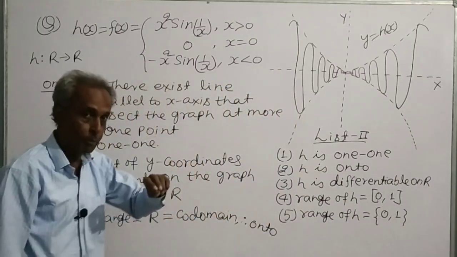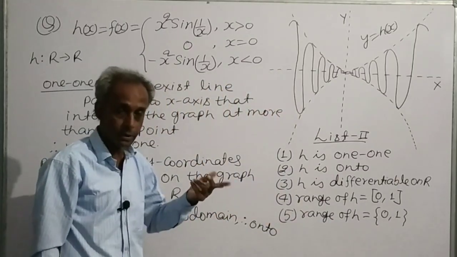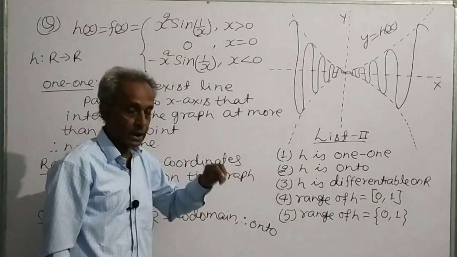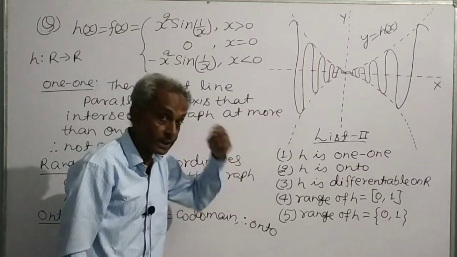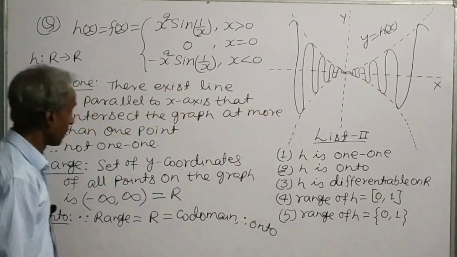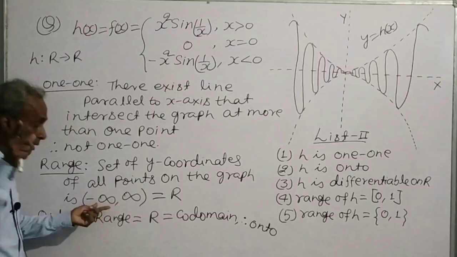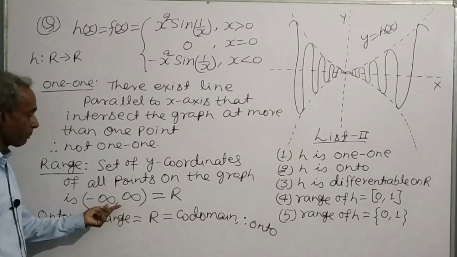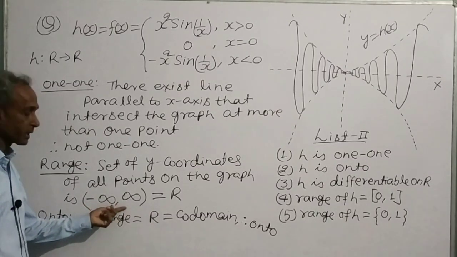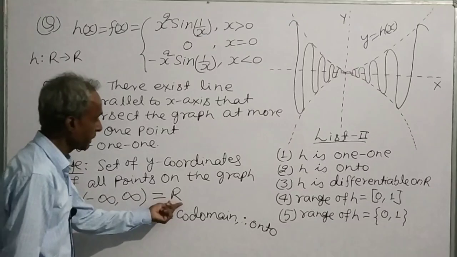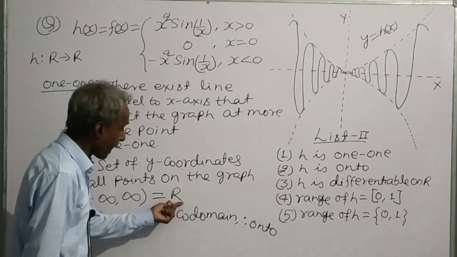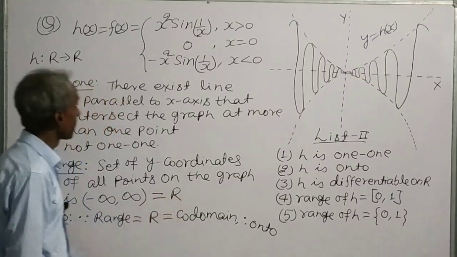Therefore, the set of y coordinates of each point on the graph will be all real numbers from minus infinity to plus infinity. That means R, the set of real numbers.